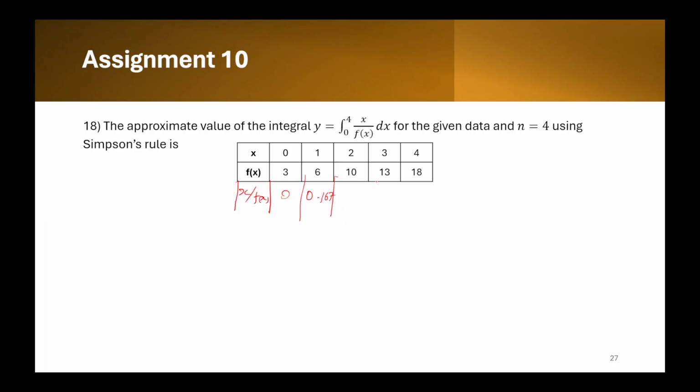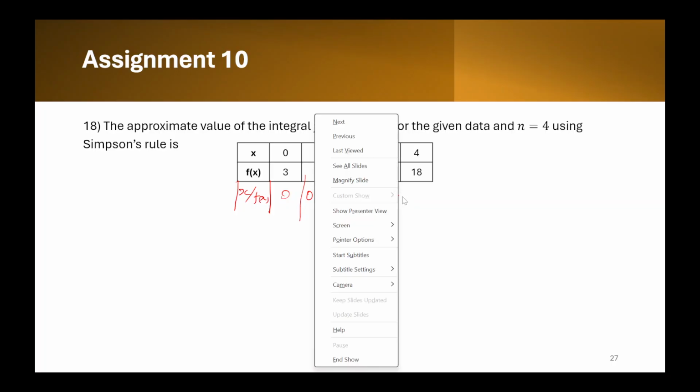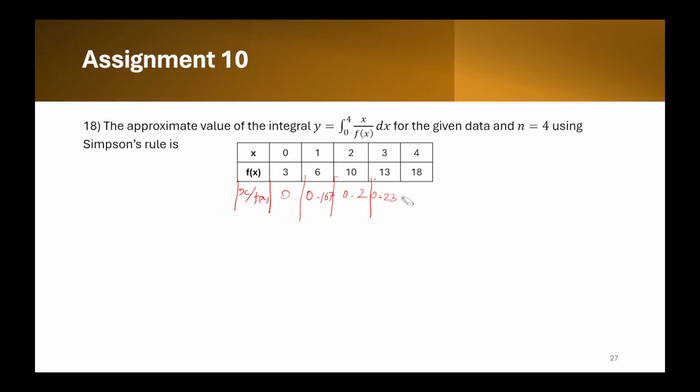Then 2 by 10 will be 0.2. 3 by 13, again an irrational number, I guess, is 0.2307, so 0.231 you can write.